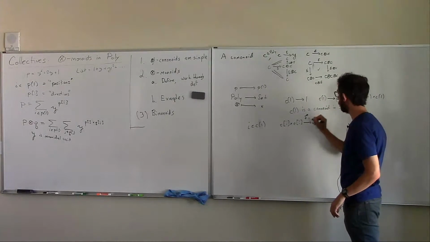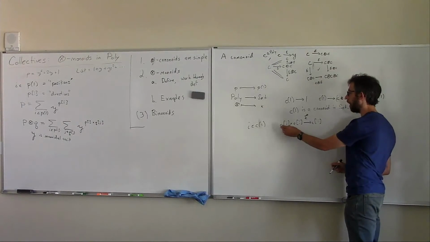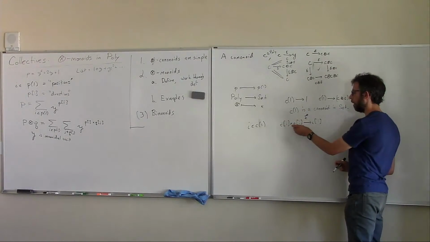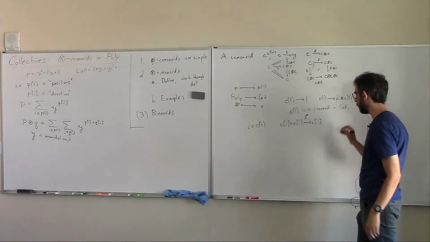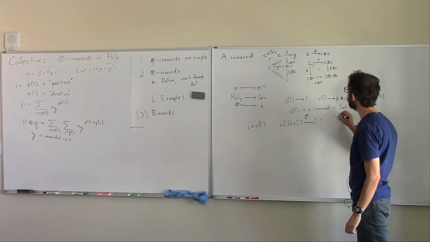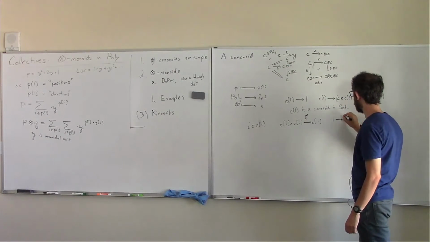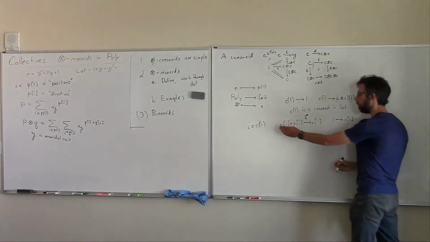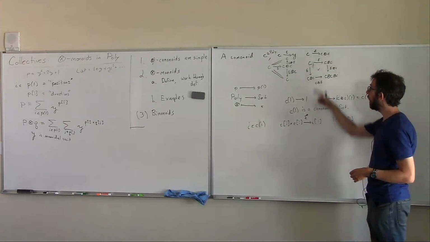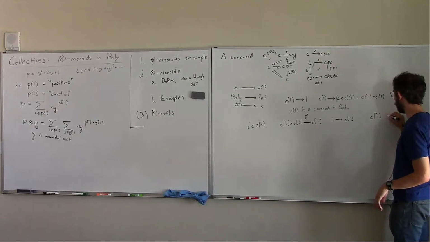But this will be delta sharp i. It'll give me a map from C bracket i, the directions at position i, times the directions at position i to the directions at position i, and it'll give me a special element of that thing. It'll give me a map from 1 to the directions at i. So it'll give me some special element of this set, and it'll give me a way of multiplying two elements to get one, and these diagrams commute. And so all that means is that C bracket i is a monoid.